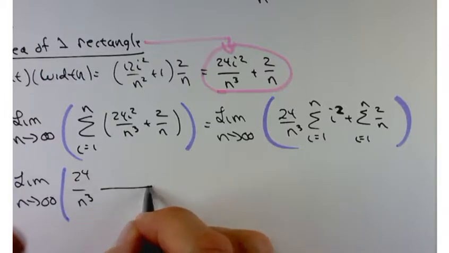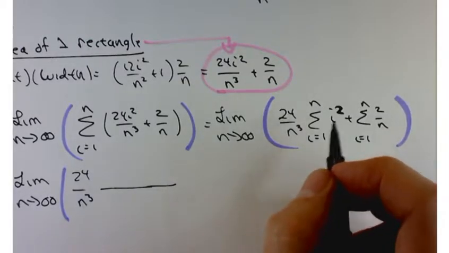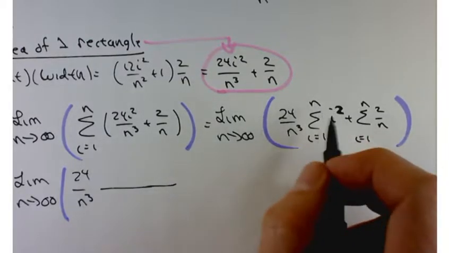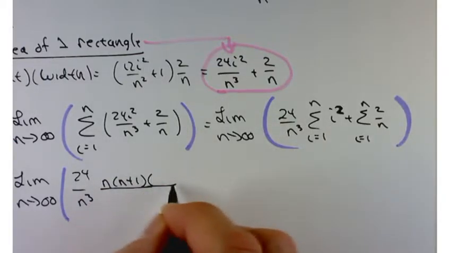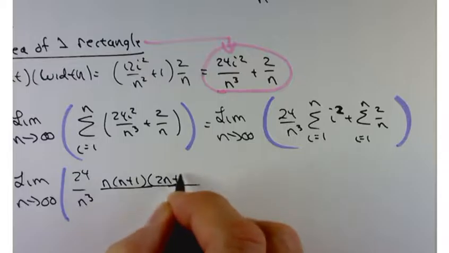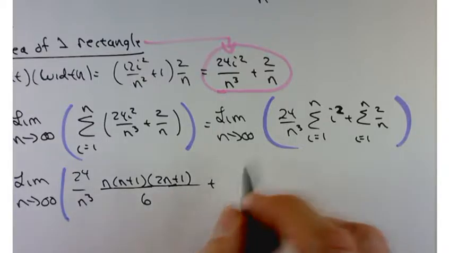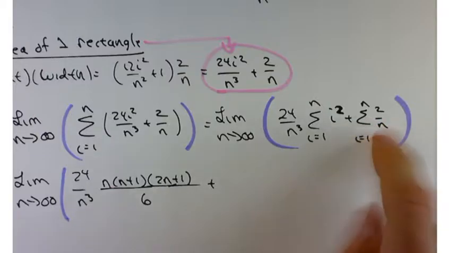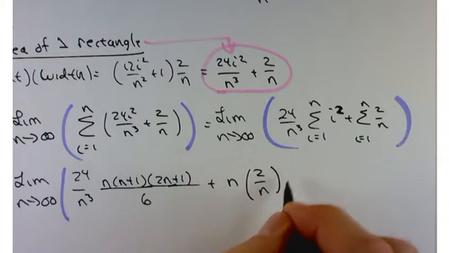And now I need to throw in the formula for the summation of the first n squared integers. So it's going to be n times n plus 1 times 2n plus 1 over 6, plus n times 2 over n.